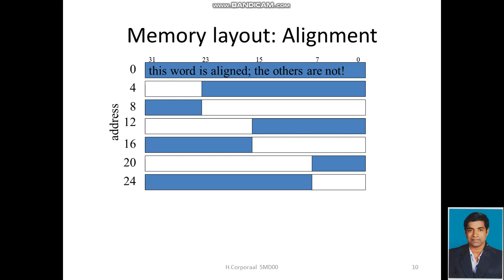Memory layout. Here in this slide we can see the memory record's width from 0 to 31, that means 4 byte instruction, and memory addresses 0, 4, 8, 12, 16 and so on.